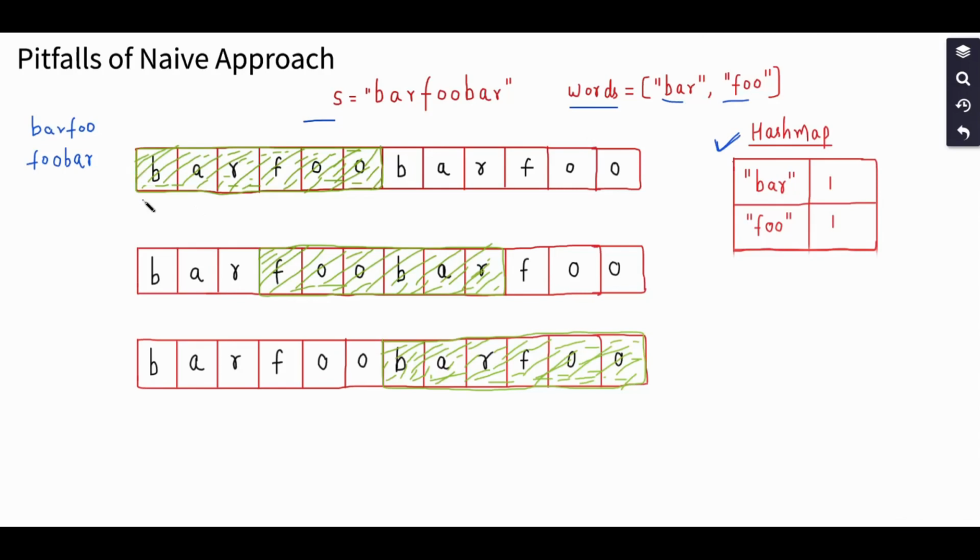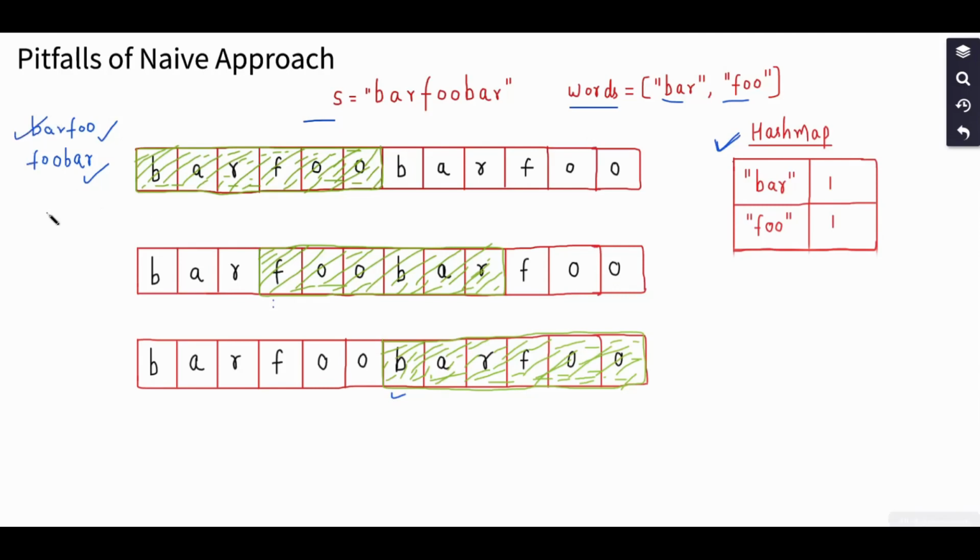I find a valid substring at the first index, that is this substring BARFOO. Then I find my second valid substring or second concatenated substring at third index here, that is this string. Then I find my third valid substring at sixth index, that is here, and the string is this one.